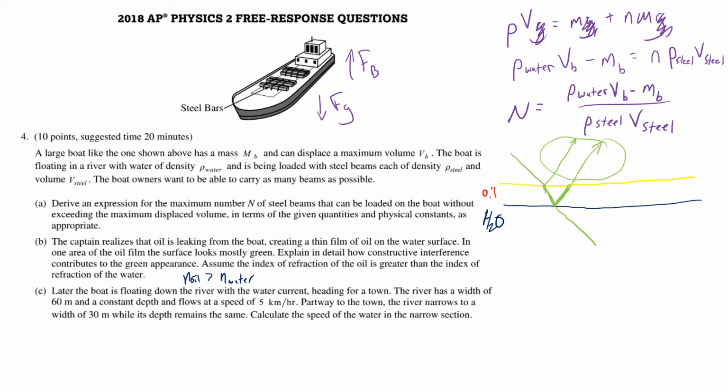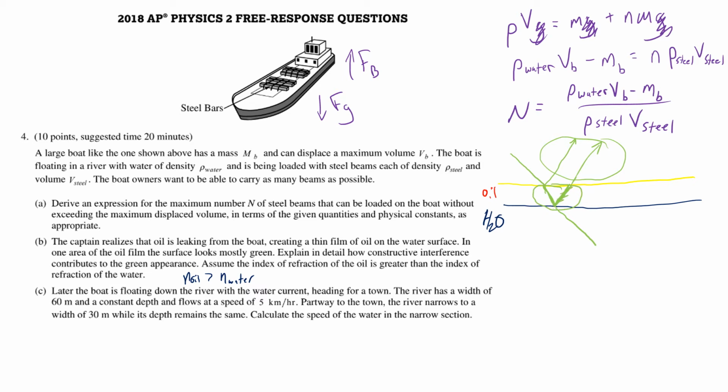Now, because each color has a slightly different index of refraction, never mind, that doesn't matter. But what does matter is that you have this extra distance traveled. This guy right here.